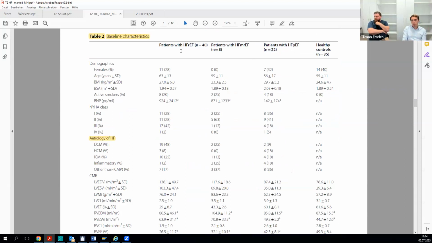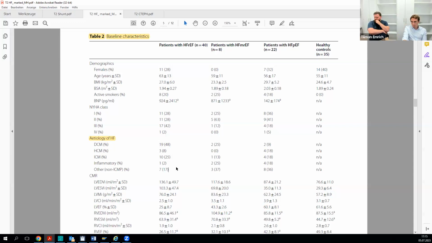This is what we usually see when we only look at ejection fraction, obviously. And of course, when you look at ejection fraction, you will see exactly the corresponding ranges that you would assume are there. But also, I want to focus you on the etiologies of the heart failure. So as you can see here, it's quite a diverse bunch of patients that we have in our cohort. So there are heterogeneities in here that we don't want to neglect.